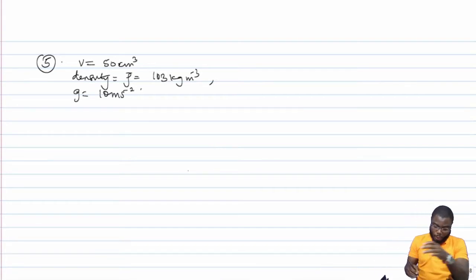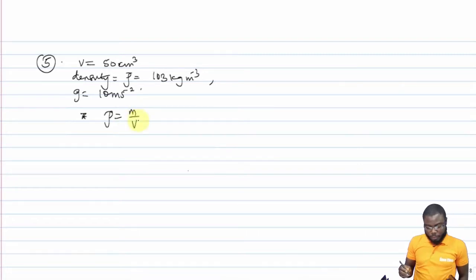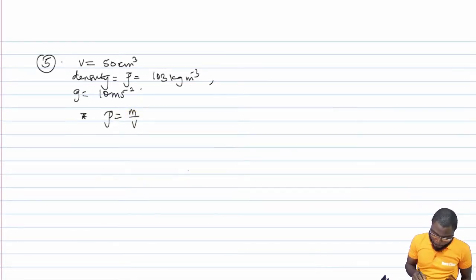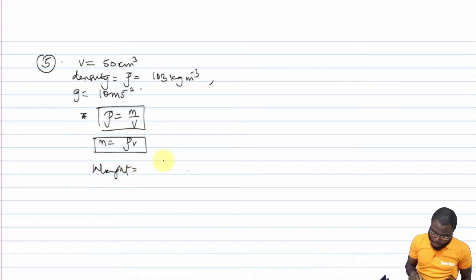So here we have some of the formulas that you need. I'll just list them as usual, but like I told you, you don't need all this elaboration. Your density is mass per unit volume, so your mass equals rho times V, and your weight is mg, which is the same thing as rho Vg.